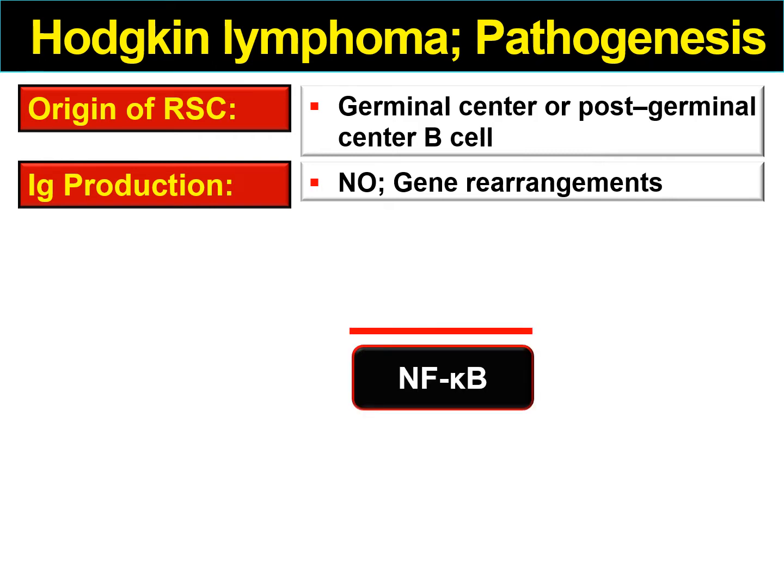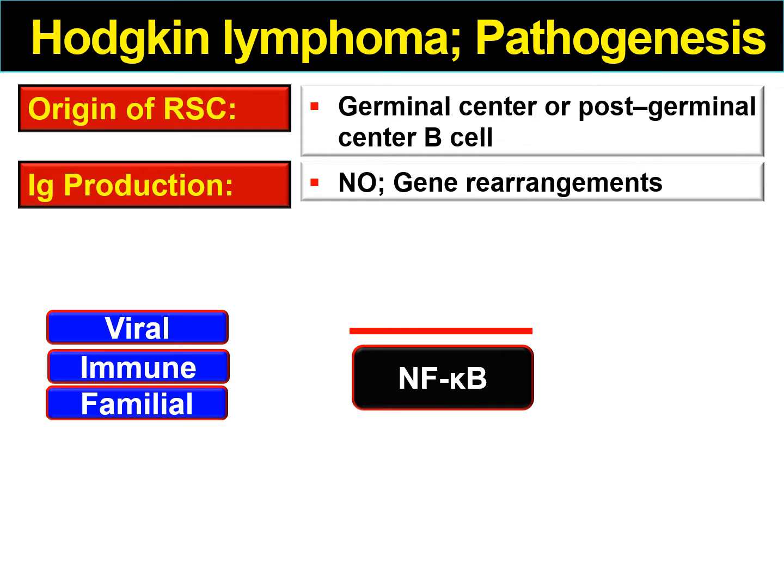So the activation of nuclear factor kappa B is the main event that leads to growth and survival of these Reed-Sternberg cells, and this can be activated by viral, immune or familial causes.